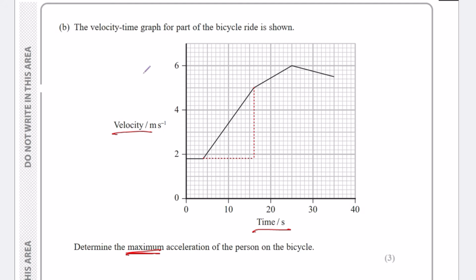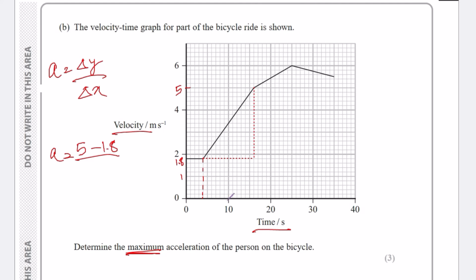And gradient, as we all know, is change in y-axis by change in x-axis. So this is 1.8, and this value is between 4 and 6, that makes it 5. So acceleration is change in y-axis by change in x-axis. So a would be change in y-axis, 5 minus 1.8, divided by the change in x-axis.